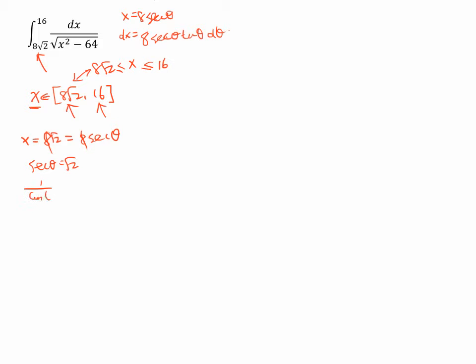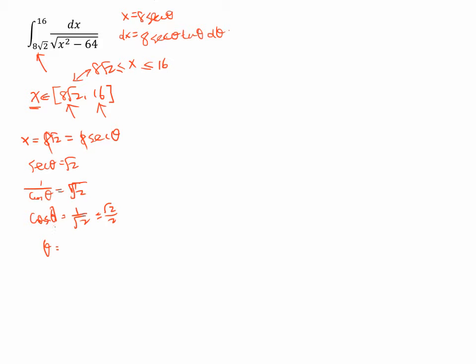1 over cosine theta is square root 2. This is secant. Cosine theta is simply 1 over square root 2, which can also be written as square root 2 over 2. For theta, as we did before, always pick the simplest, easiest one that gives me a positive number.